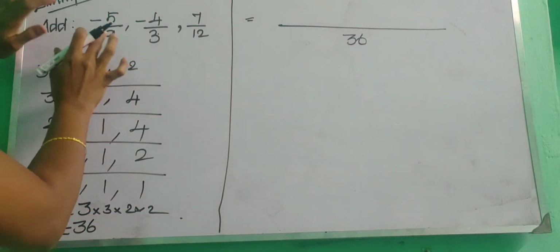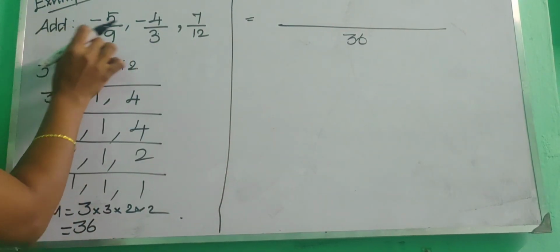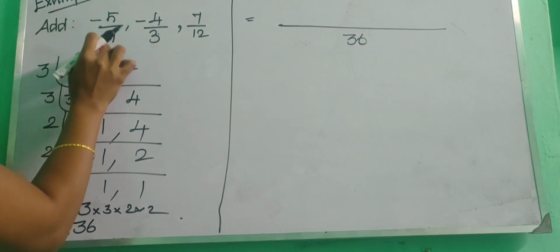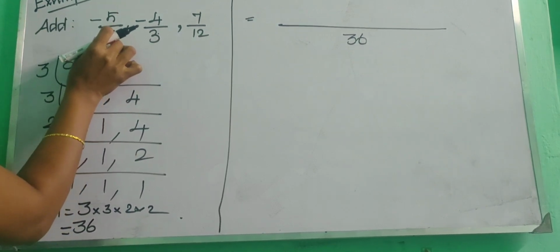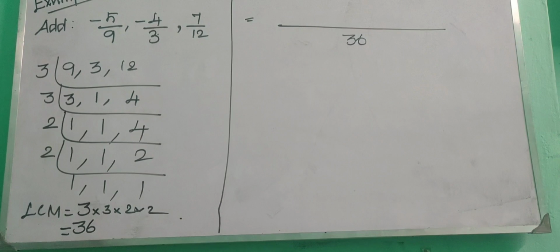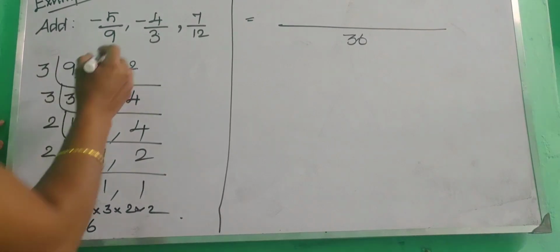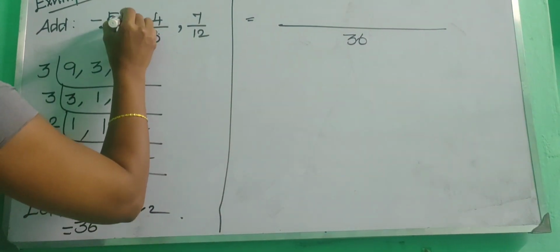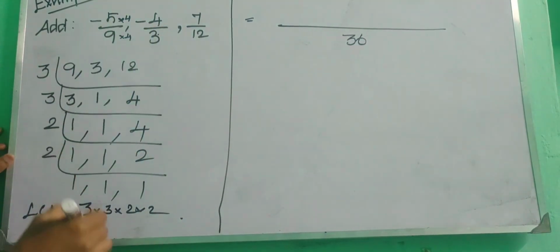Okay, children, so let us check. What is the first rational number? Minus 5 upon 9, right? So what will be multiplied with this 9 to get 36? 9 4s are 36, right? So we need to multiply by 4 in the numerator as well as in the denominator.